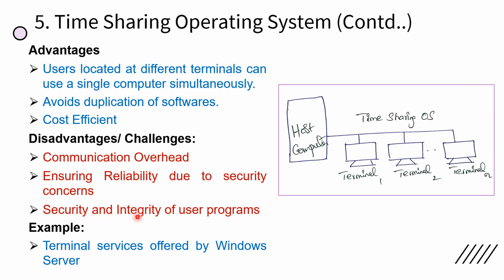One more challenge in time-sharing operating systems is to ensure the security and integrity of user programs. Integrity means that if a request goes from the terminal to the host computer, it should be ensured that the request is not modified in between. That is maintaining the integrity of the user programs. Examples of time-sharing operating systems include terminal services offered by Windows Server.